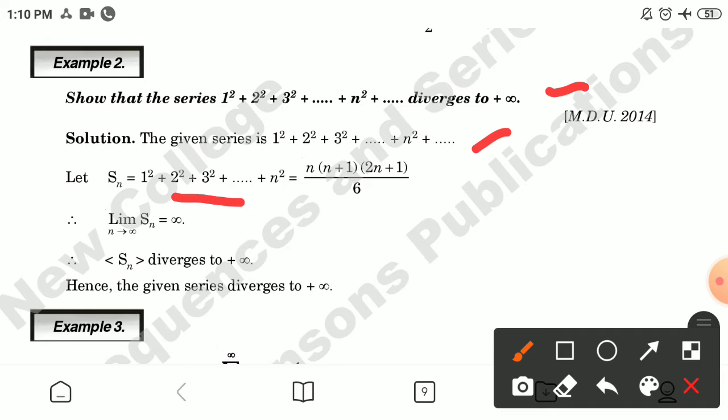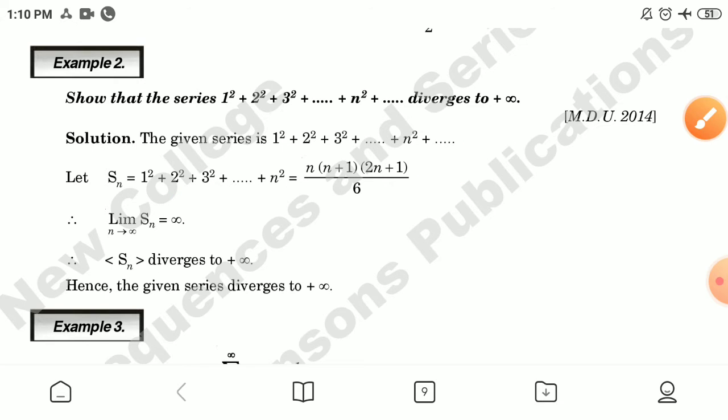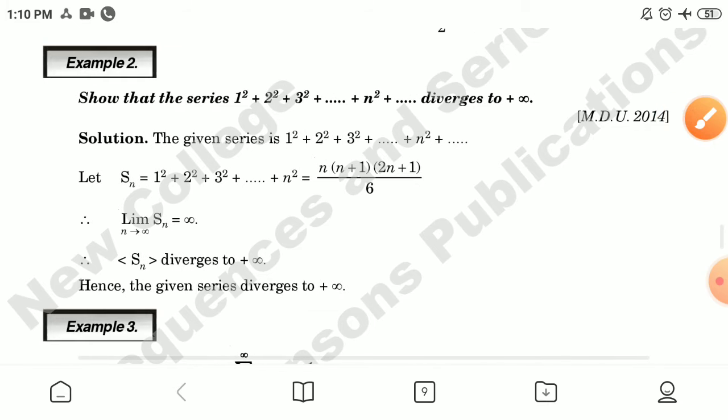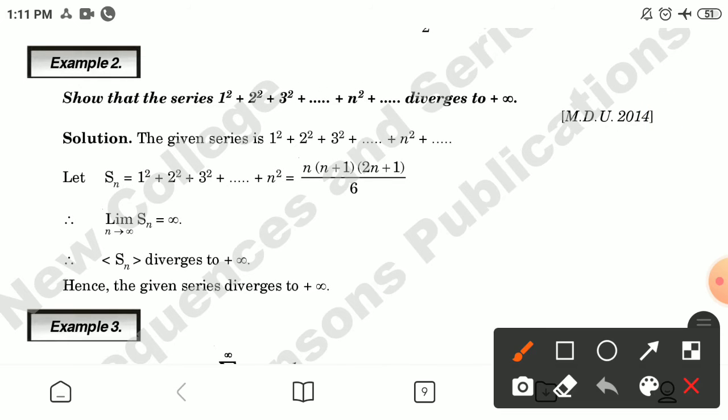This sum is equal, by the formula, to n into n plus 1 into 2n plus 1 by 6. Therefore if we apply the limit on Sn when n tends to infinity, this gives infinity. Therefore the sequence Sn is divergent to plus infinity, hence the given series diverges to plus infinity.